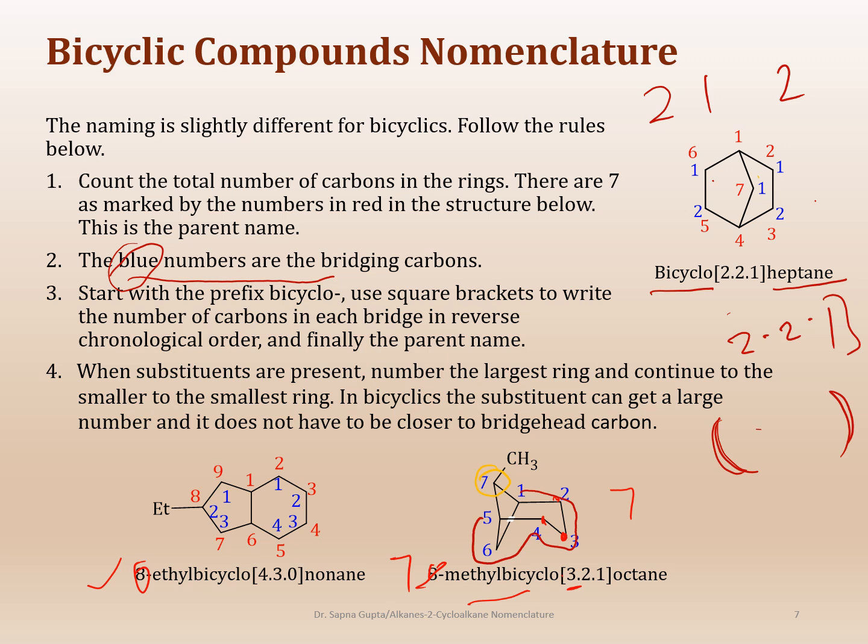So in the video it is going to be different than in the PowerPoint. So 7-methylbicyclo[3.2.1]heptane. That's how this one is going to be. Just a little bit different from when you have substituents in the other compounds.